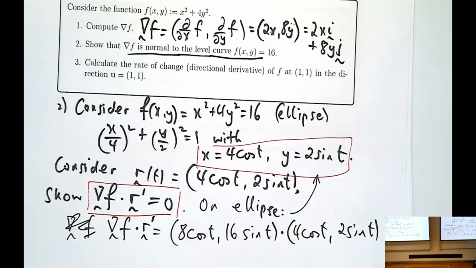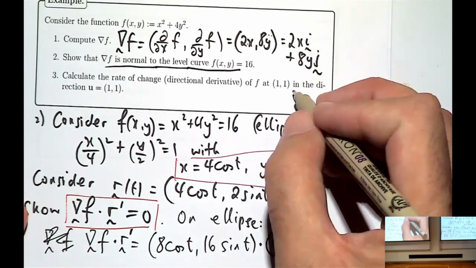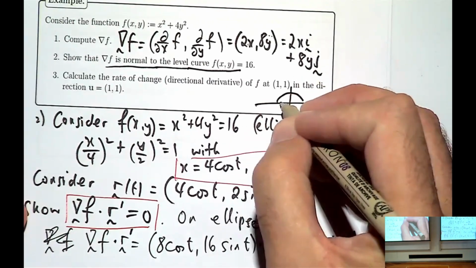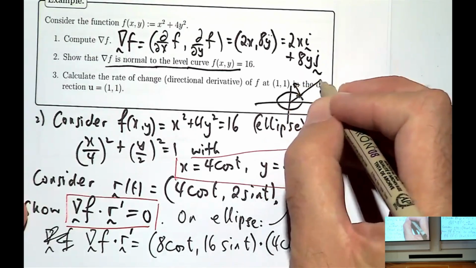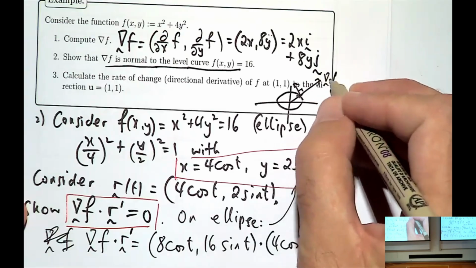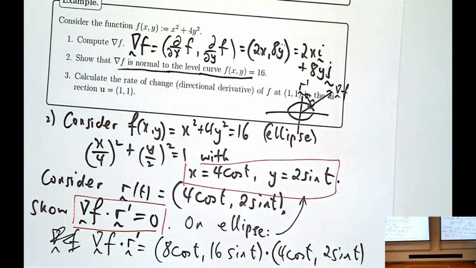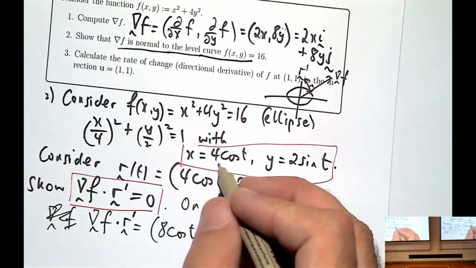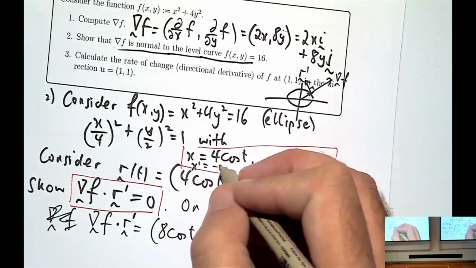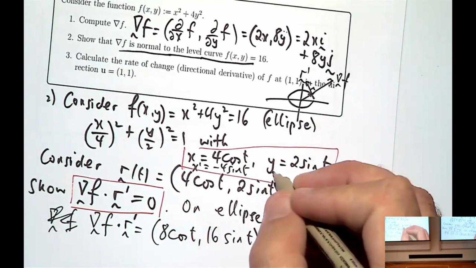Let me draw you a picture. That's what we want. We want the angle, not to the r, I got confused, we want it to the derivative, the tangent. So r dash: we differentiate that, we differentiate that.